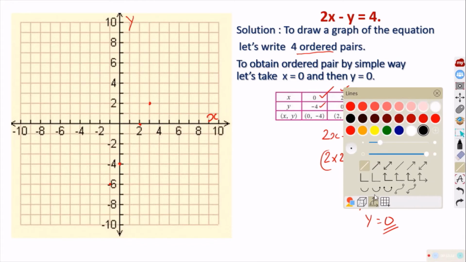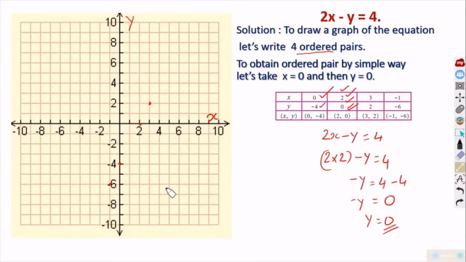I am getting a direct line from here, and I will take that for convenience. After keeping the ruler through these points, you will draw a line connecting them. Let me see how it goes. Chalo. All the 4 points which I have drawn, I have connected with the help of a ruler.